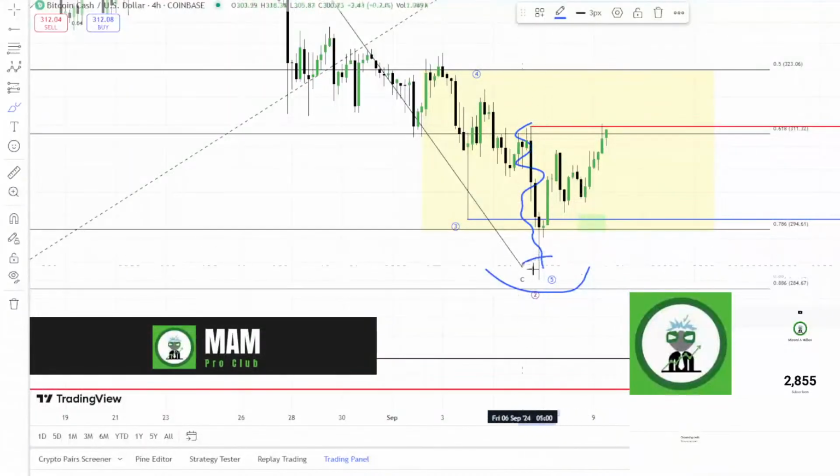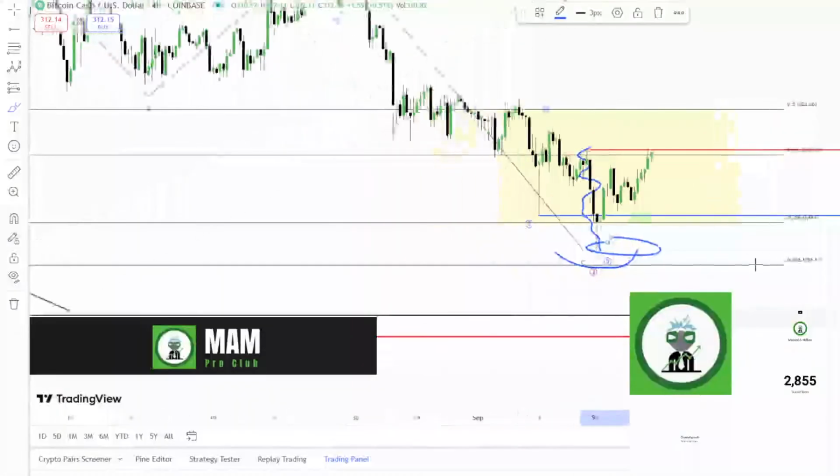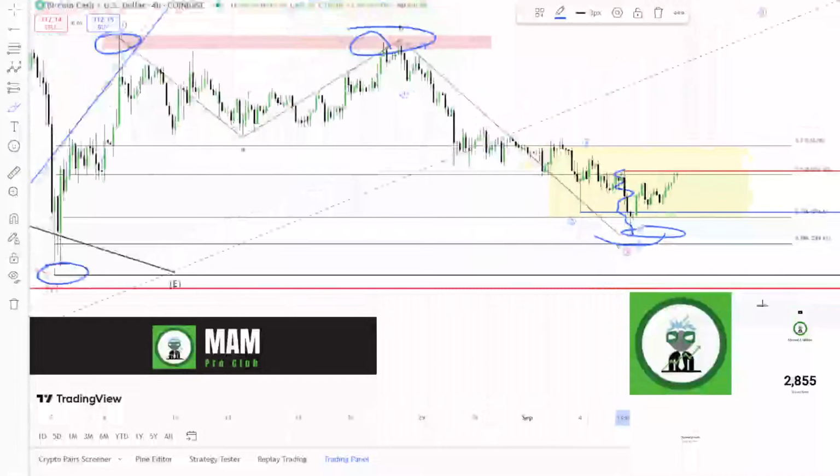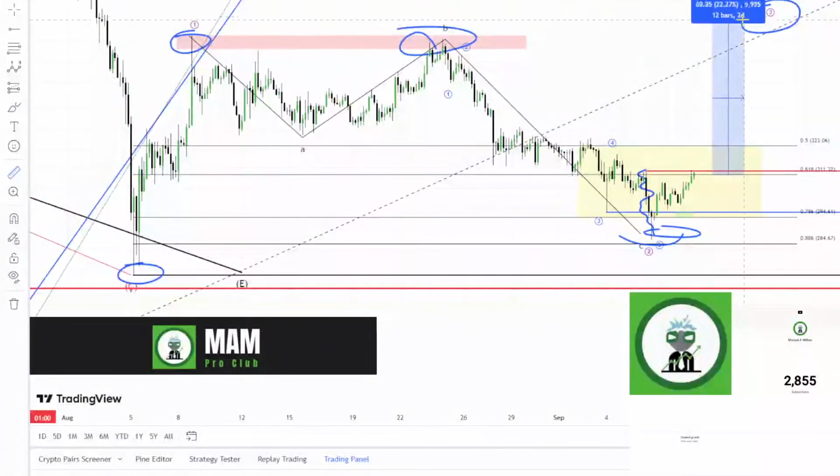So if you didn't take profit down here, then well, you've lost your whole trade, haven't you? So yeah, I'm pretty confident. I mean, this looks impulsive, and if this is going to be a wave 3, like I said, we should be going quite high. Even if we get up to those numbers here, that's a 22% pump.